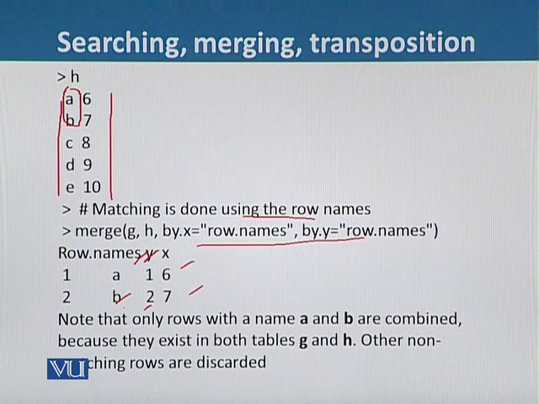So after comparing the tables, we got only rows with names A and B, and other rows, for example C, D, E and G, H, I, are not combined, because only the overlapping rows are kept within the tables G and H.